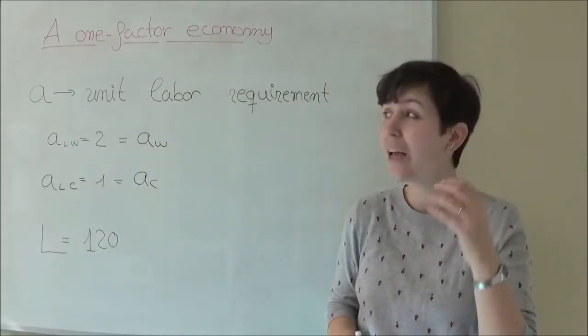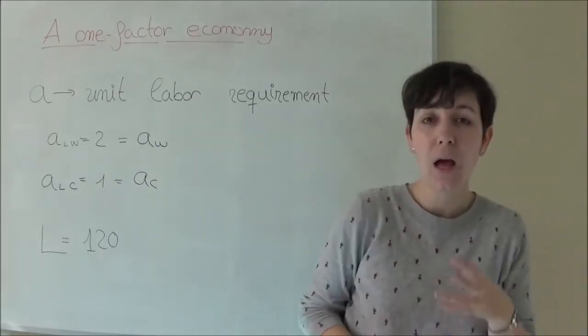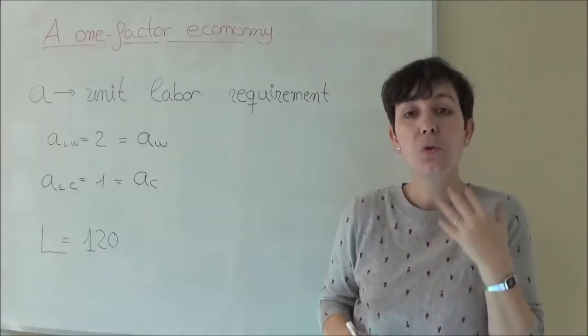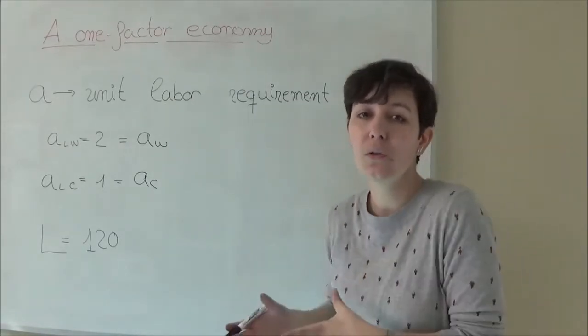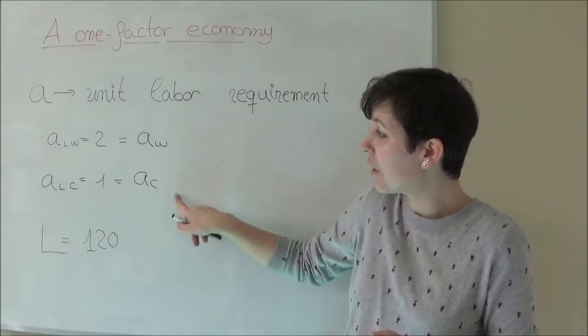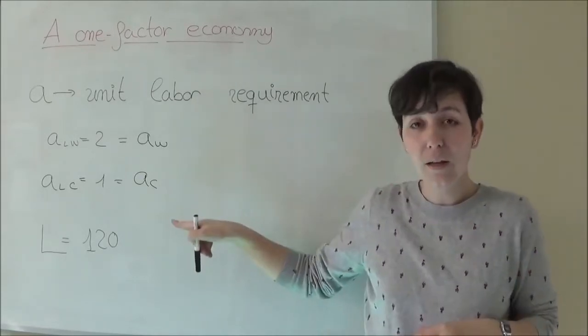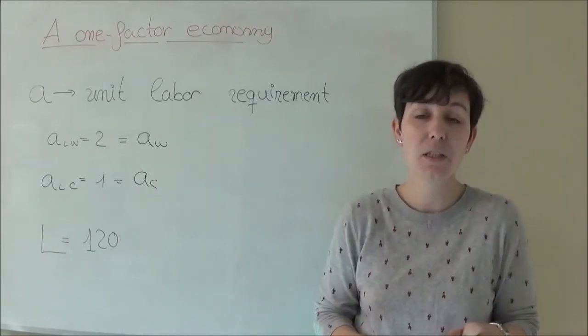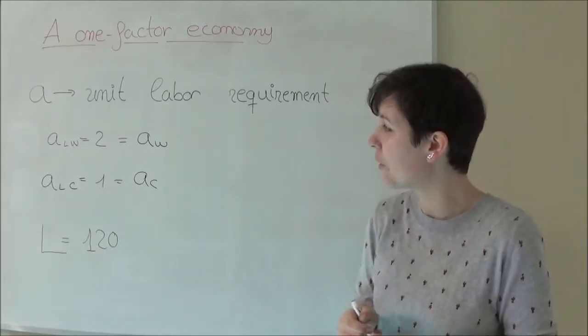How many workers do you need to produce 1 unit of that good? It's specific to the sector, it's not the same value for wine as for cheese, and it's constant. It's just a number, not a function.